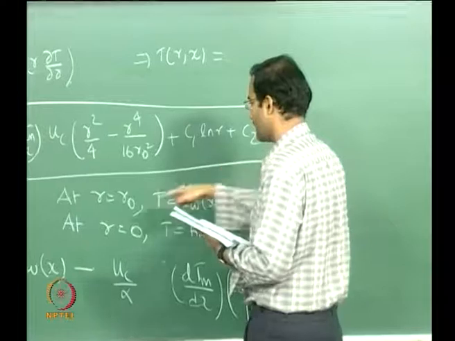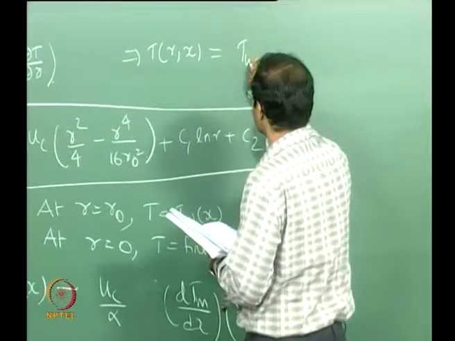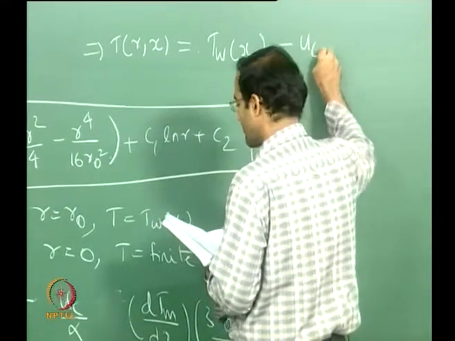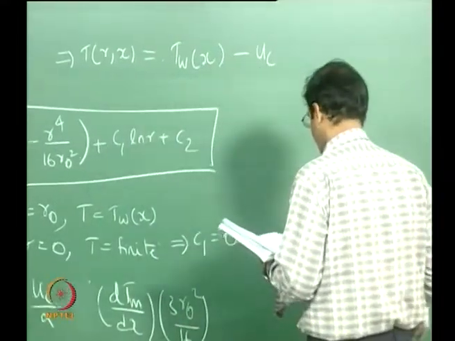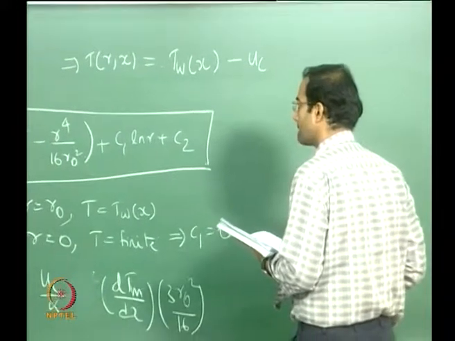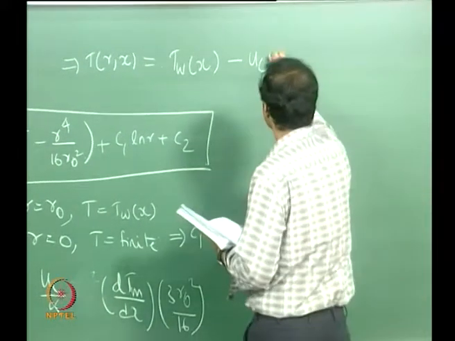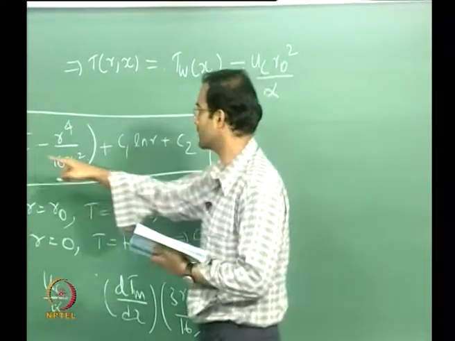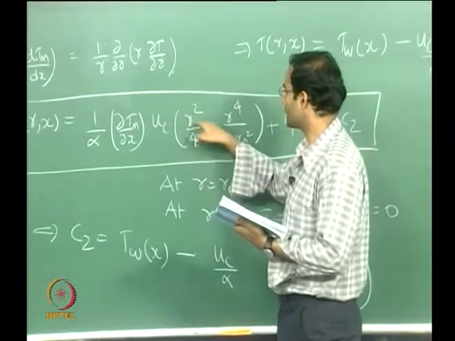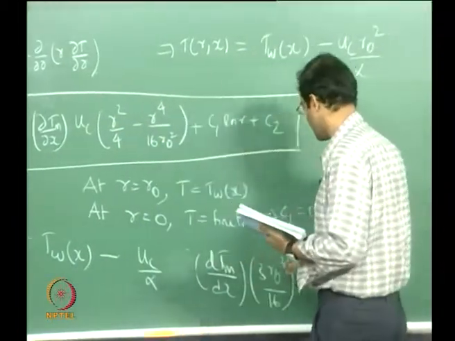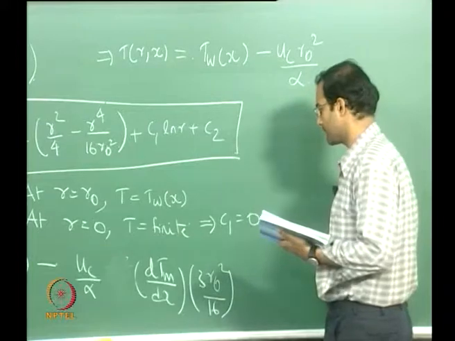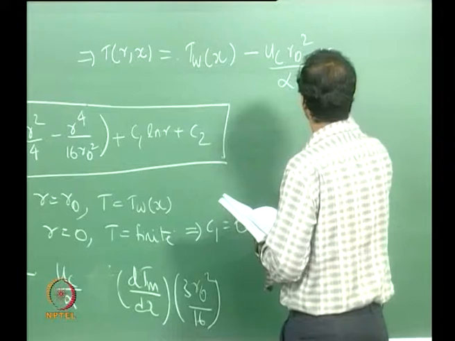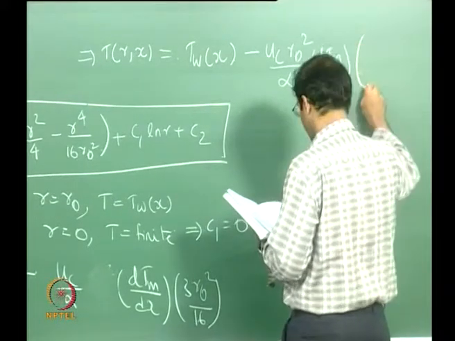So of course you have your T wall of x, which can be written as this minus uc by alpha, we can also pull out r naught square as common. So you can take out one r naught square so that everything can be expressed in non-dimensional form, into dTm by dx, that is also common.